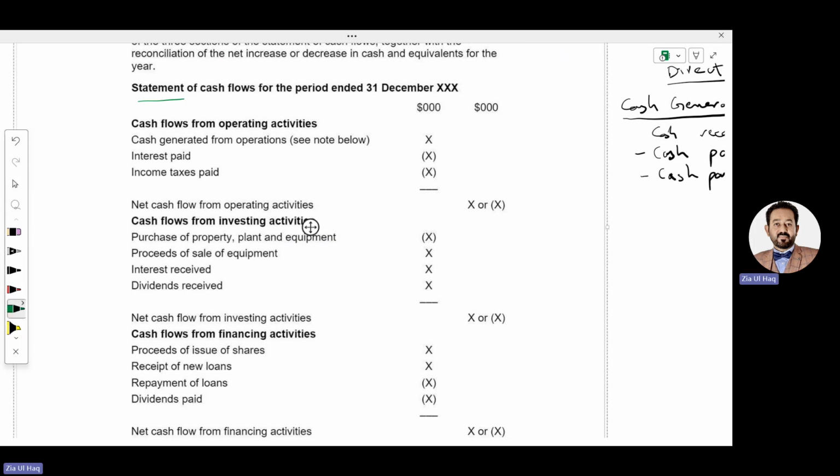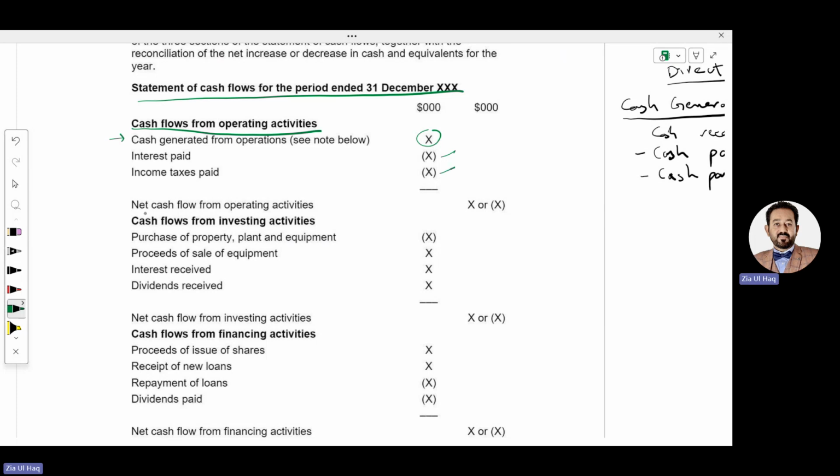We will put a heading: statement of cash flow for the year ended 31st December. First, we will calculate cash flow from operating activities. How can we calculate it? First, we need to calculate cash generated from operations. From cash from operations, we will deduct interest paid. We'll deduct tax paid.